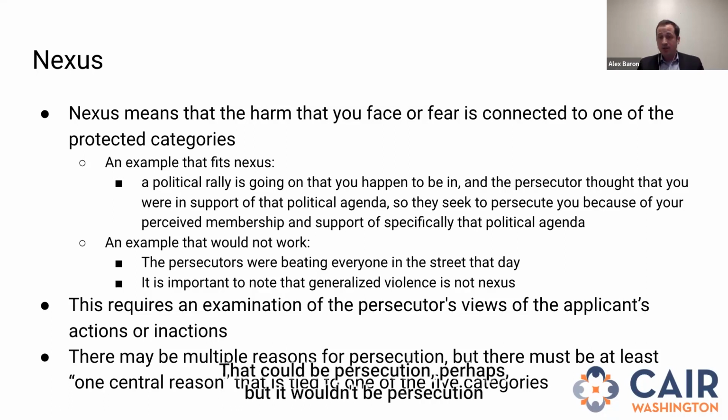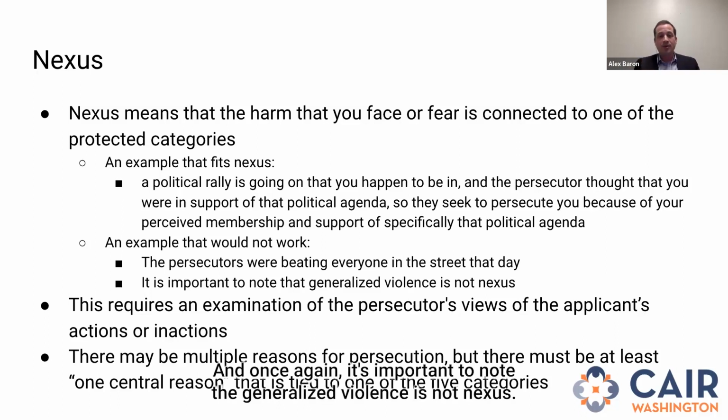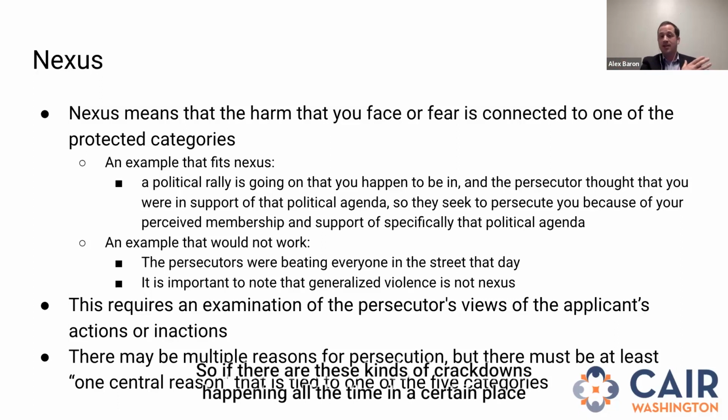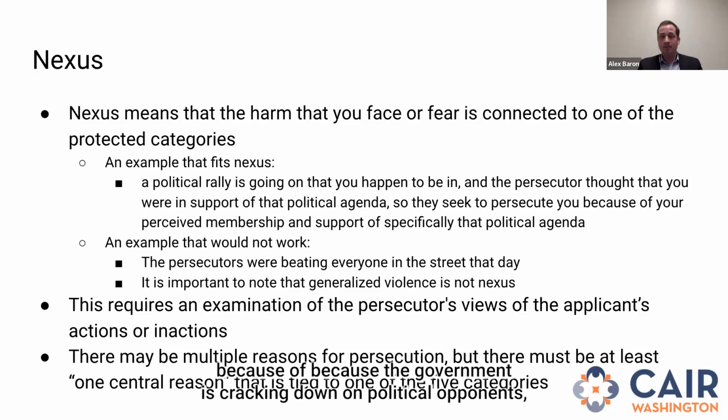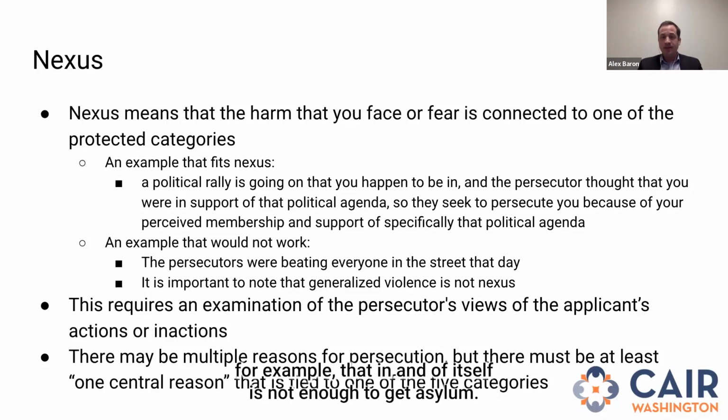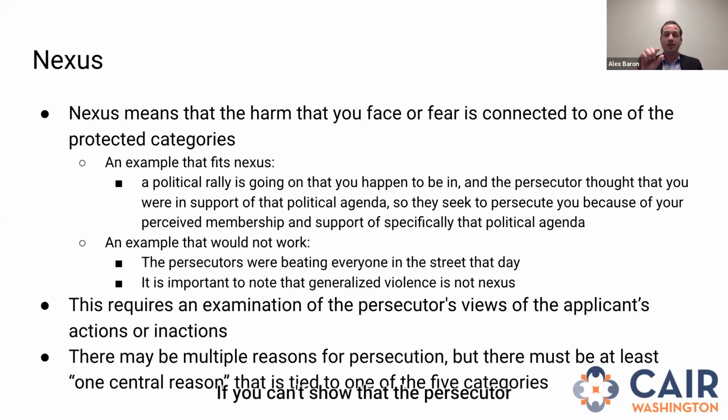That could be persecution, perhaps, but it wouldn't be persecution for a protected ground, and so it wouldn't fit the nexus. And once again, it's important to note that generalized violence is not nexus. So if there are these kinds of crackdowns happening all the time in a certain place because the government's cracking down on political opponents, for example, that in and of itself is not enough to get asylum if you can't show that the persecutor thinks that you hold those political beliefs and that's why they're persecuting you.